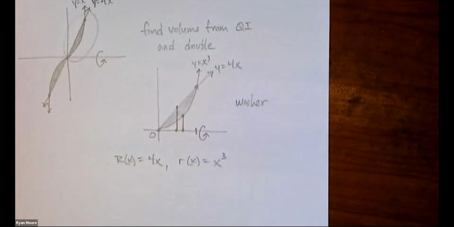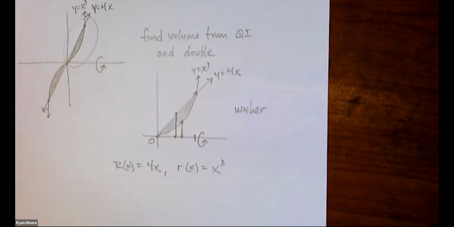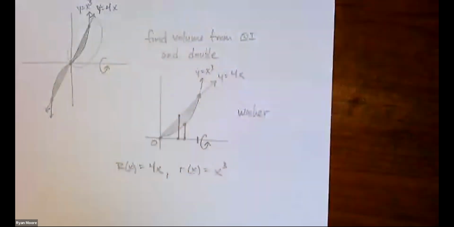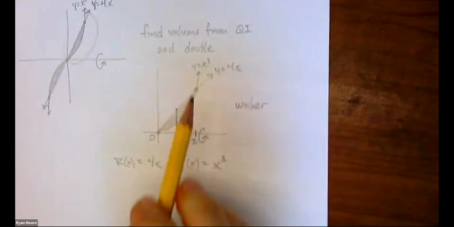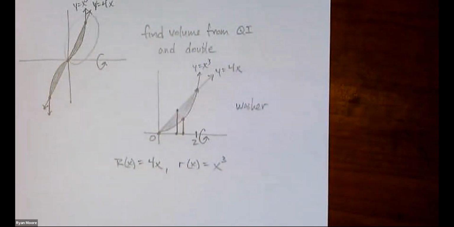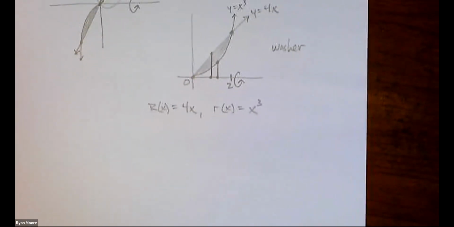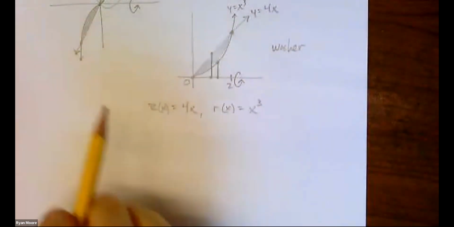You might get that from a graph. You might be able to clearly see, or maybe you can figure it out just by looking at the functions. Where would those be equal? And it turns out it's at 2. Right? 2 cubed is the same as 4 times 2. Okay. Very nice. And remember we got to double this whole thing.